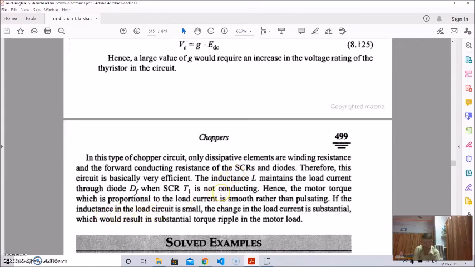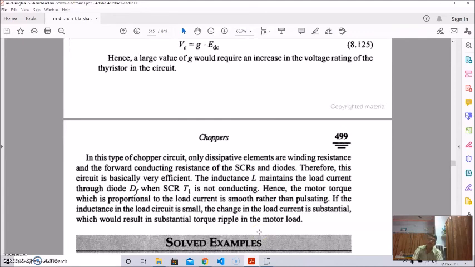Diode DF is the freewheeling diode, already shown with this main power circuit. When SCR T1 is not conducting, this diode DF maintains the load current, and hence the motor torque, which is proportional to the load current, is smooth rather than pulsating. If the inductance in the load circuit is small, the change in the load current is substantial, which would result in substantial torque ripple in the motor load.